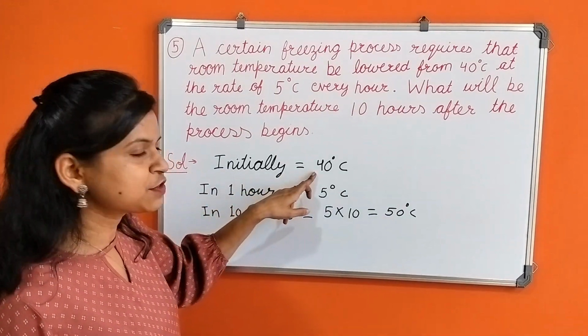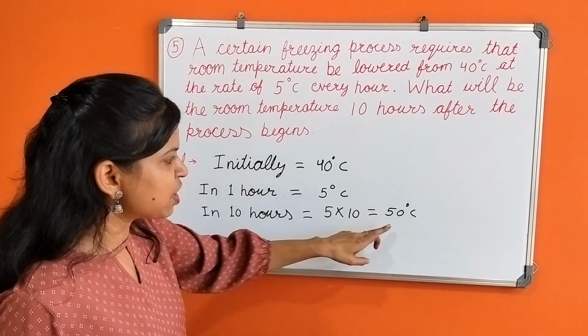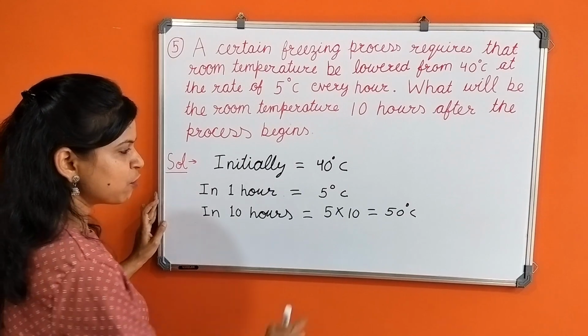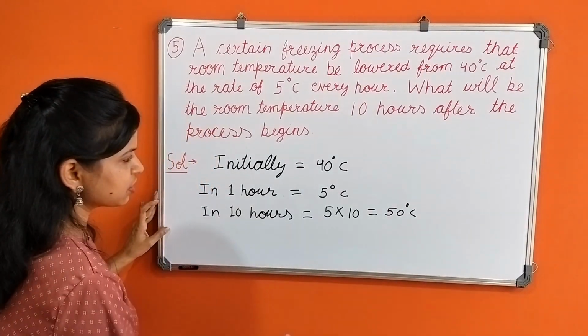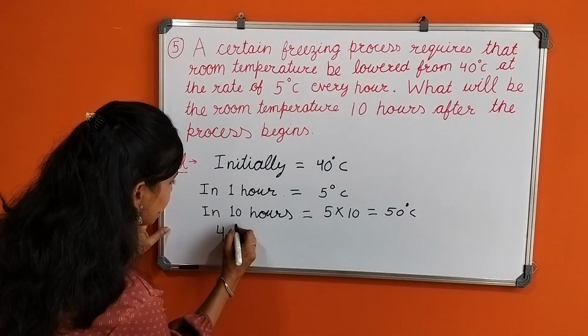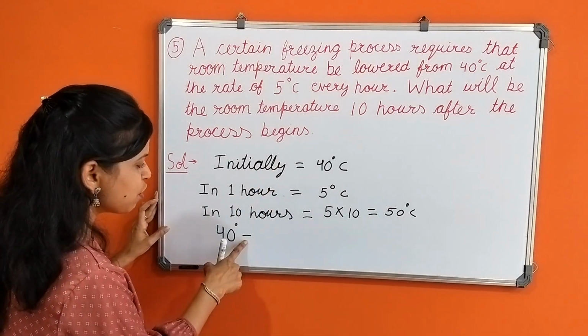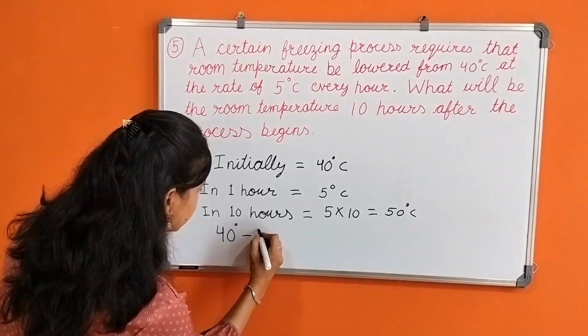So initially it was 40 degree centigrade. Now it has come down by 50 degree centigrade. So what is the temperature now? After 10 hours, what is the temperature? Initially it was 40 degree. The temperature has come down, so we will subtract. How much will we subtract? 50.